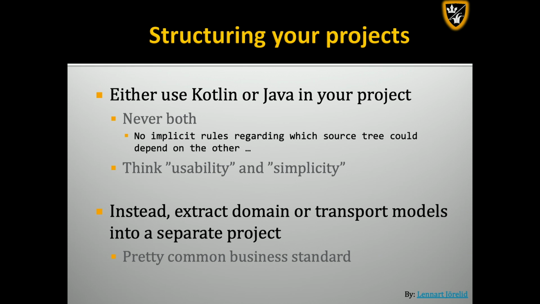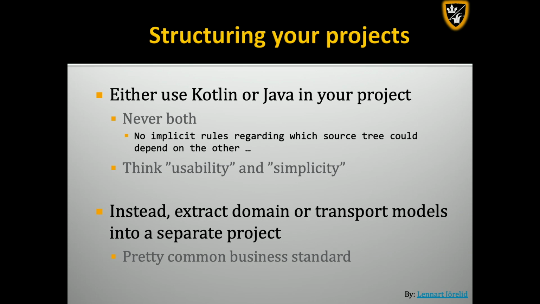Just don't. It will create more pain than it solves by far. Instead, create a new module and have that module be Kotlin only or Java only, so that you always produce your jar or war or whatever, your artifact, and it can be consumed just like any dependency. Don't mix two languages in one project.